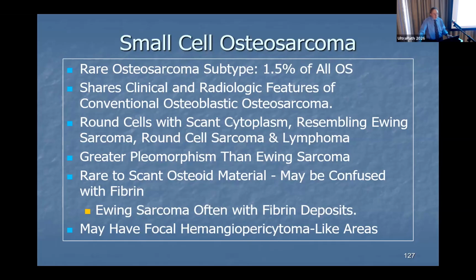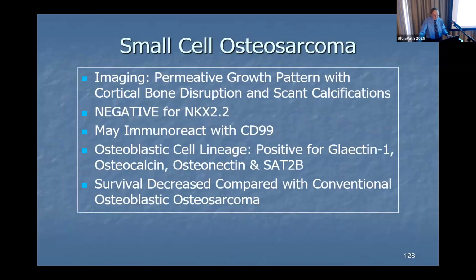Ewing sarcoma is very bland. Each cell looks like the cell next to it. Usually there is very scant osteoid material, and it may be confused with fibrin. The other thing to consider is that Ewing sarcoma can have fibrin around it as well. These may also have hemangiopericytoma-like areas associated with them.